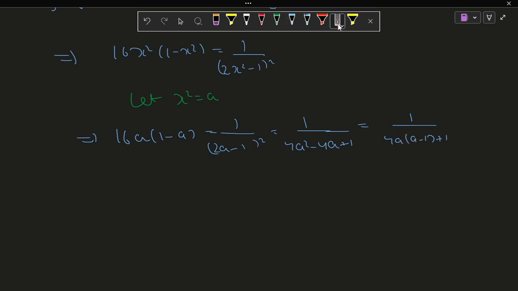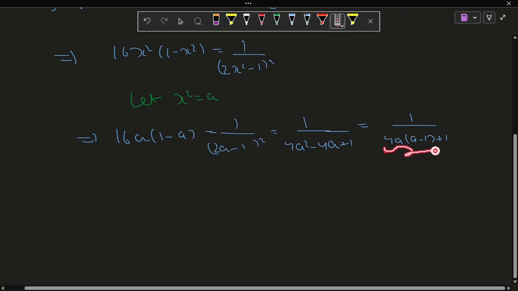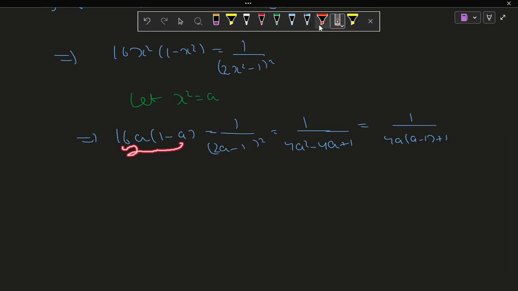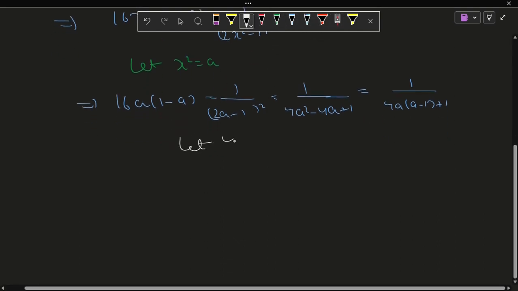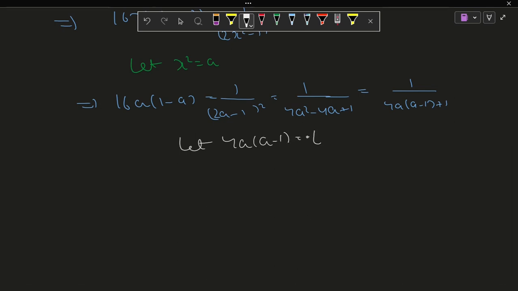So observe that we have 4a into a minus 1 here and 4 into 1 minus a here. So probably I can substitute this 4a into a minus 1 as some t.